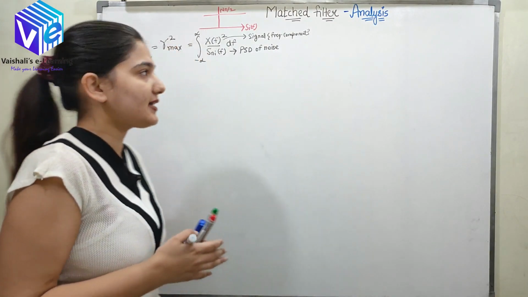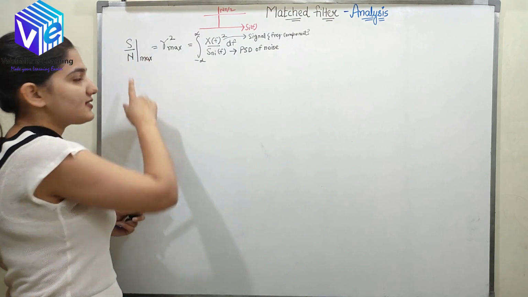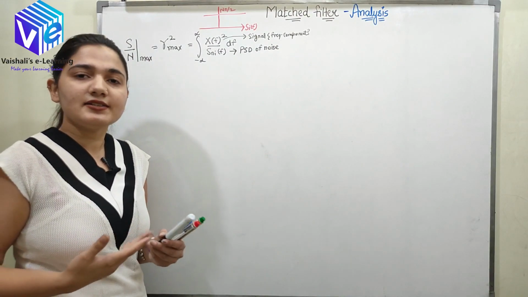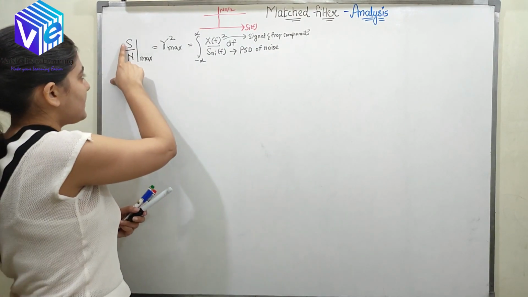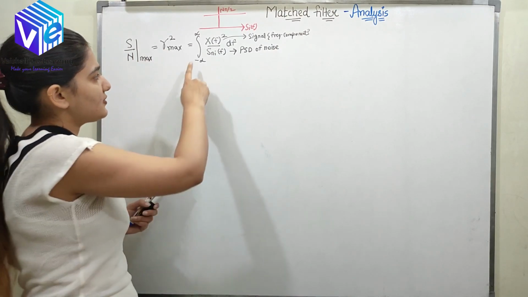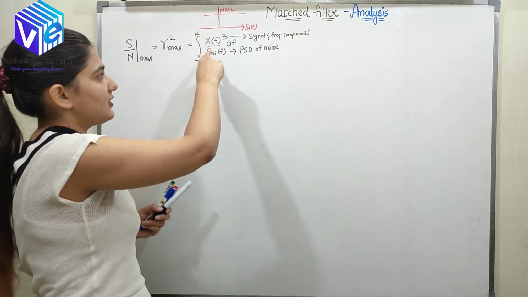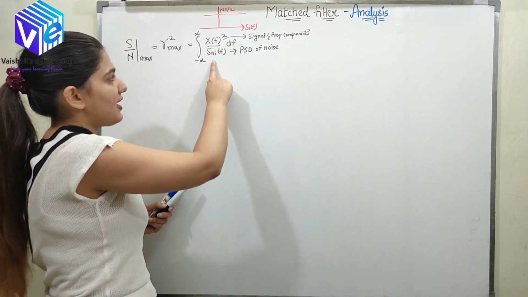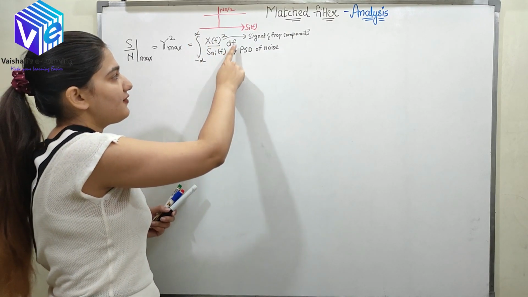So the maximum value of the SNR, which I represented as S by N or gamma square max, was equal to the integral from minus infinity to infinity of |X(f)| square upon S_n(f) df.